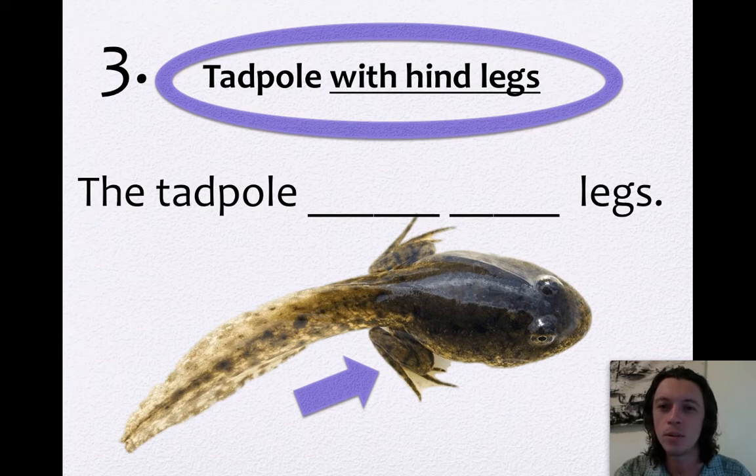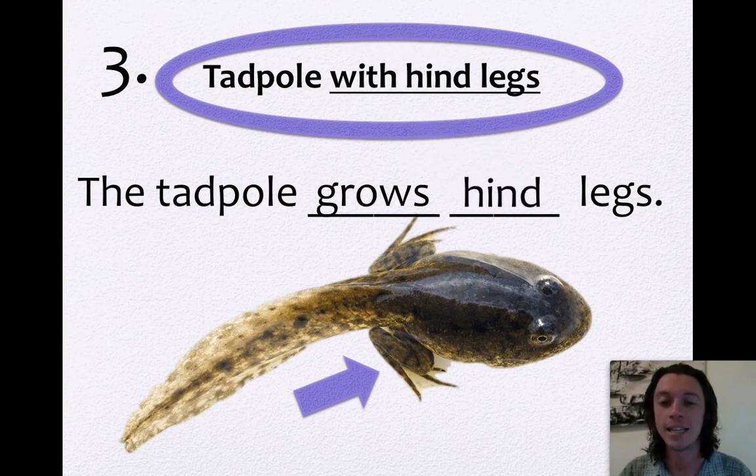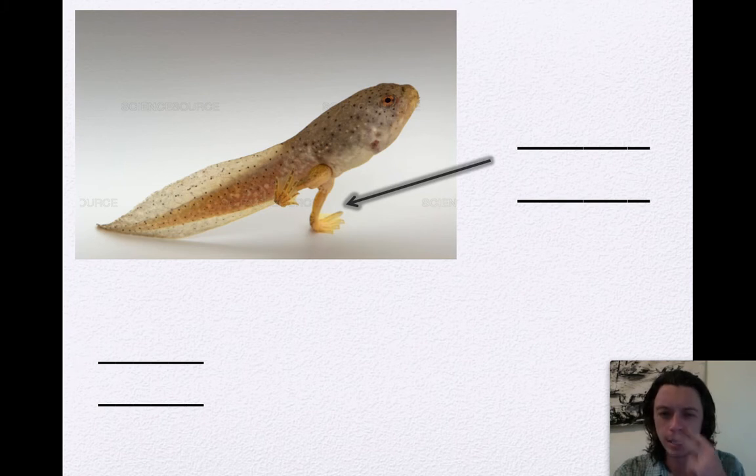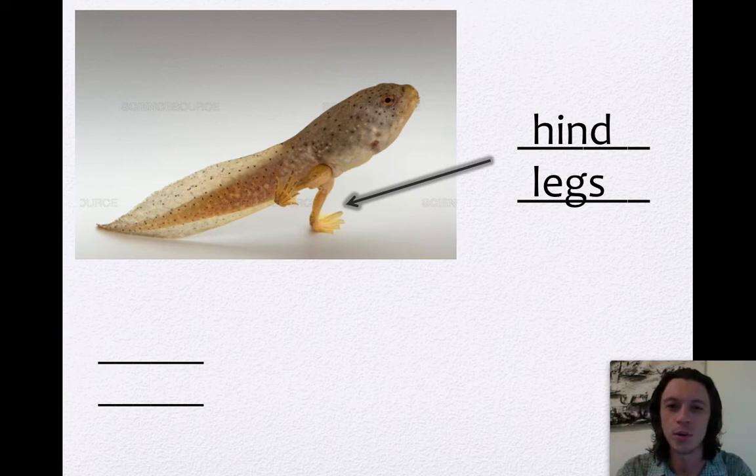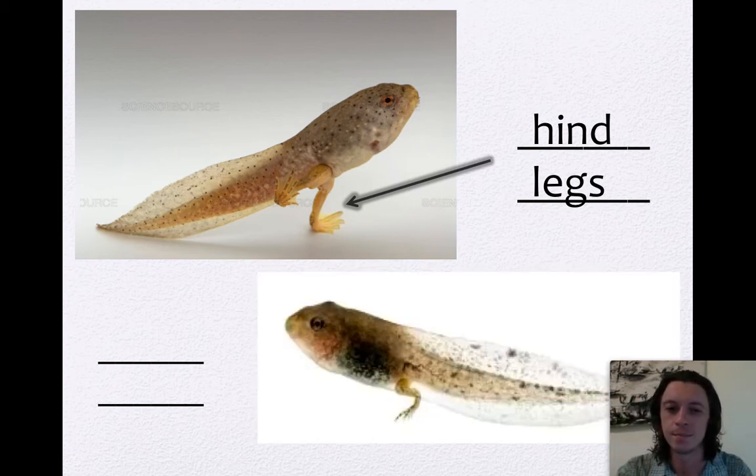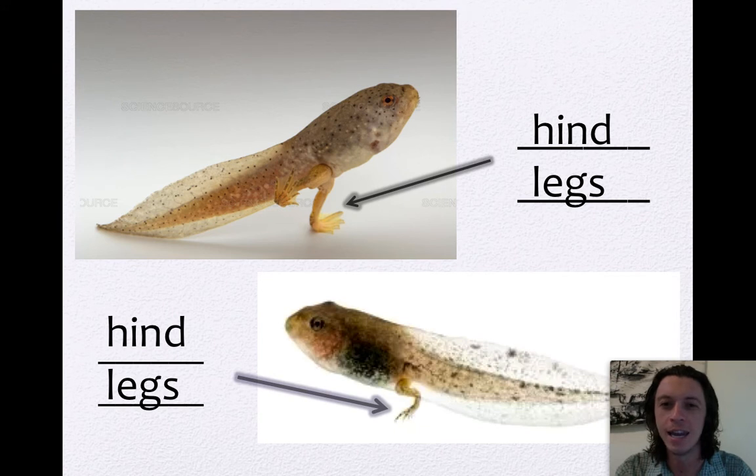The tadpole grows hind legs. What is hind? So, let's look. These are hind legs, back legs. Again, hind legs. They're the back legs.